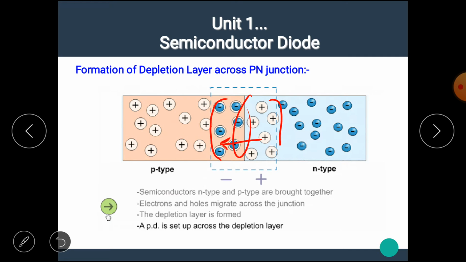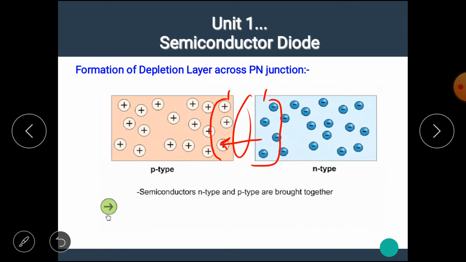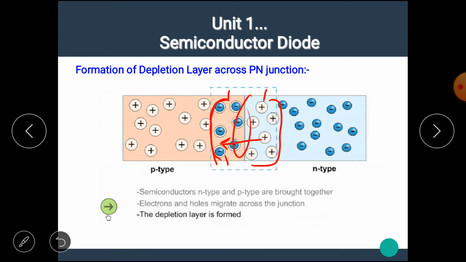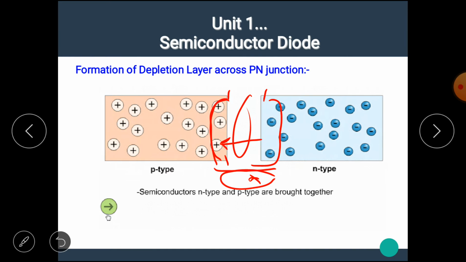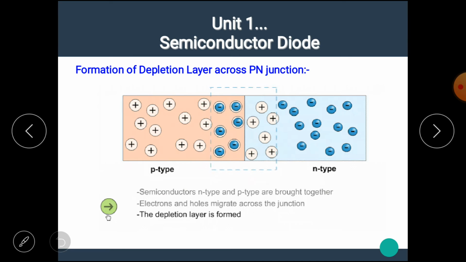Similarly, holes become immobile. These are the positive immobile ions, and these are the negative immobile ions. This creates a depletion layer, and within this depletion layer, a barrier potential is developed. This barrier potential stops the further recombination of electrons and holes. I hope you all understand the actual process of barrier potential and the depletion layer.